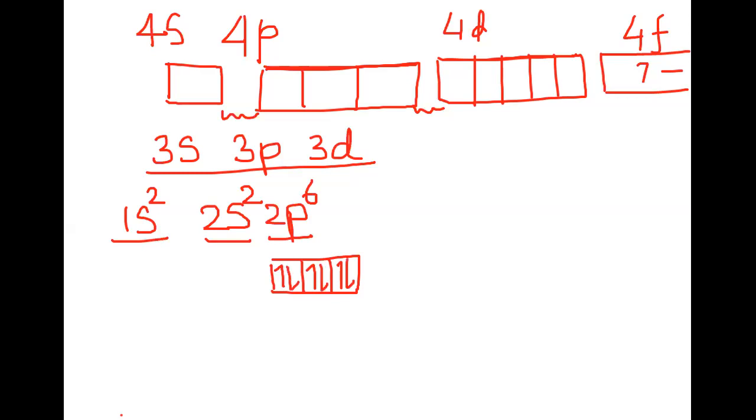I'm showing half an arrow for one electron. In your books, you will find that it's a complete arrow given, so that's okay. So you have one electron first in every px, py, and pz, and then the pairing starts. Then let us come to 3s2. In the case of 3s2, there is no problem because there is only one orbital.